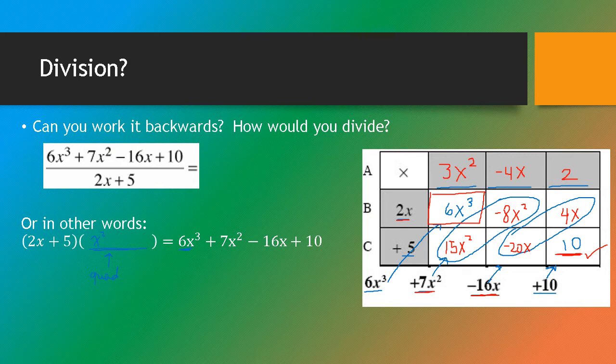So getting a 10 here at the end was good because that confirmed that I did all of my steps correctly. So my answer here is that 3x squared minus 4x plus 2 is that quadratic that I was looking for, and therefore that is also the answer to my division.